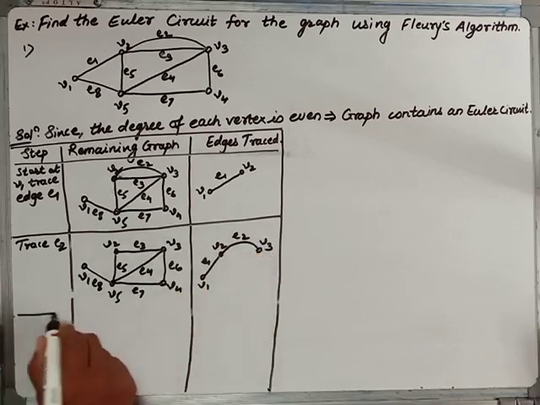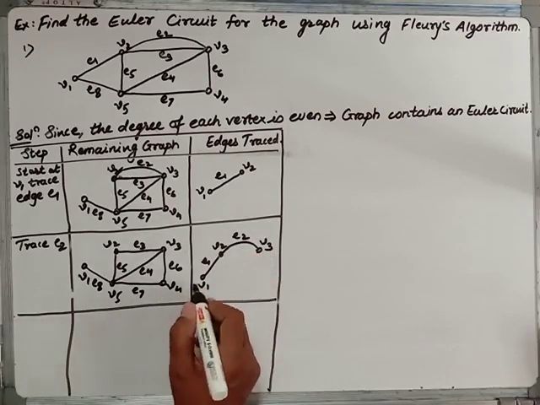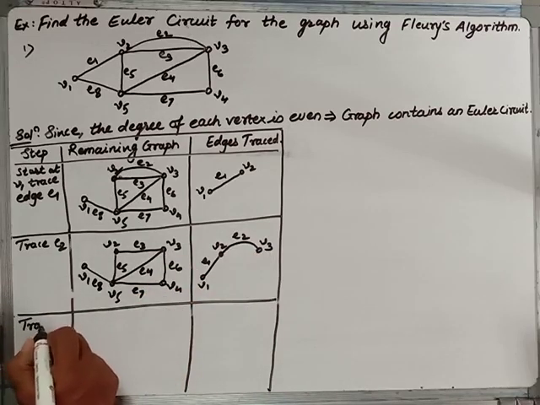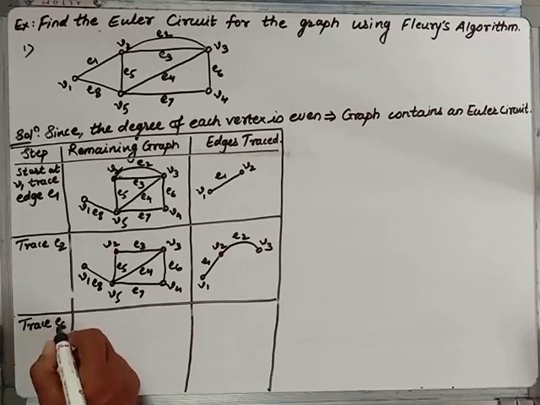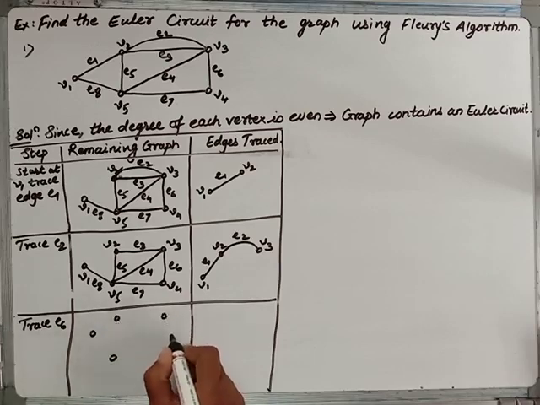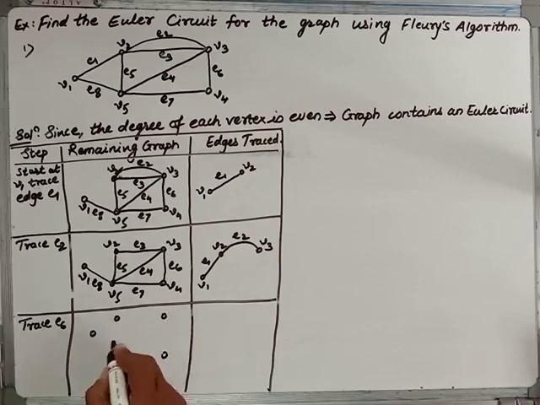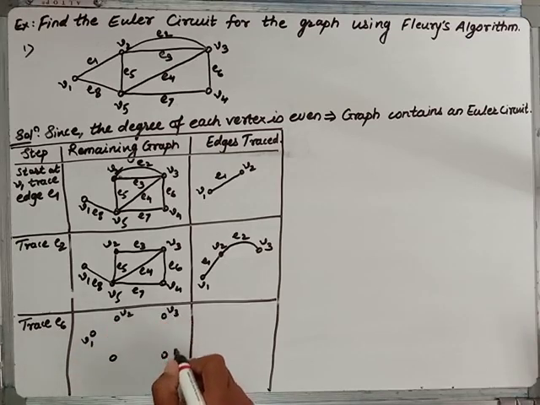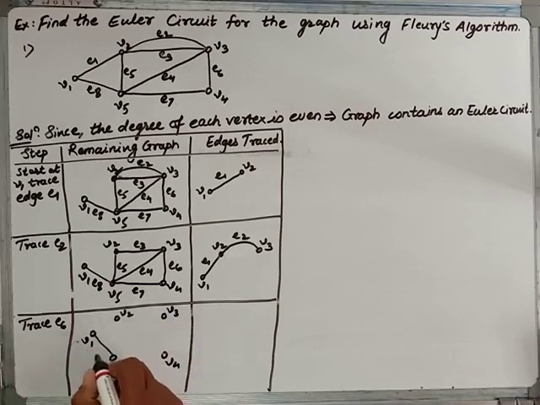Now let's trace E6. Then what happens? It will give us V1, V2, V3, V4, V5. So E8 is here, E7.